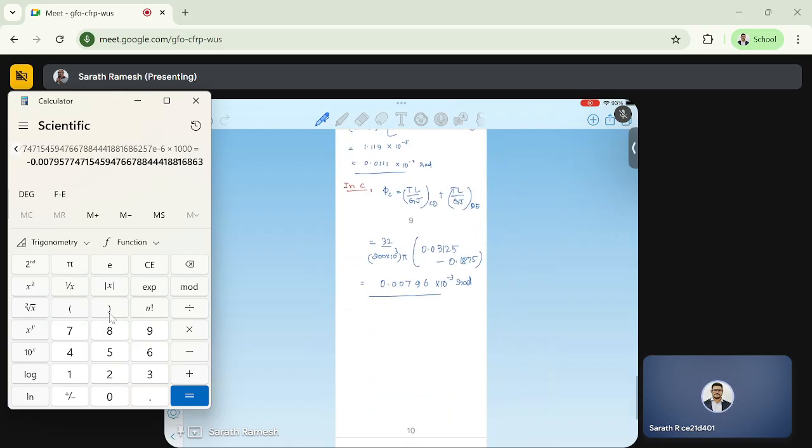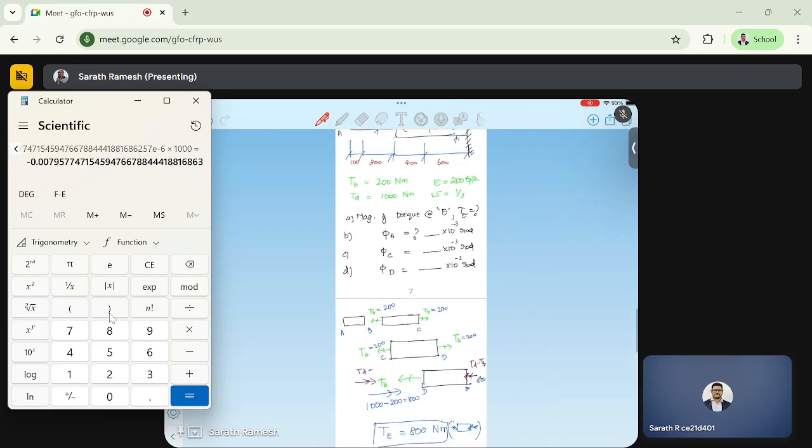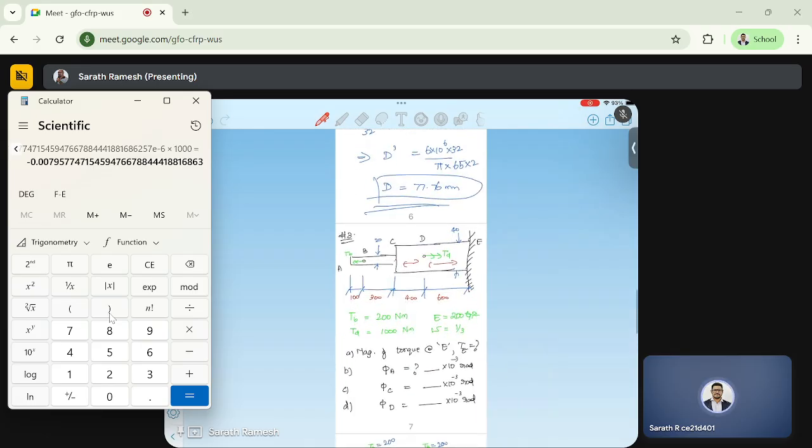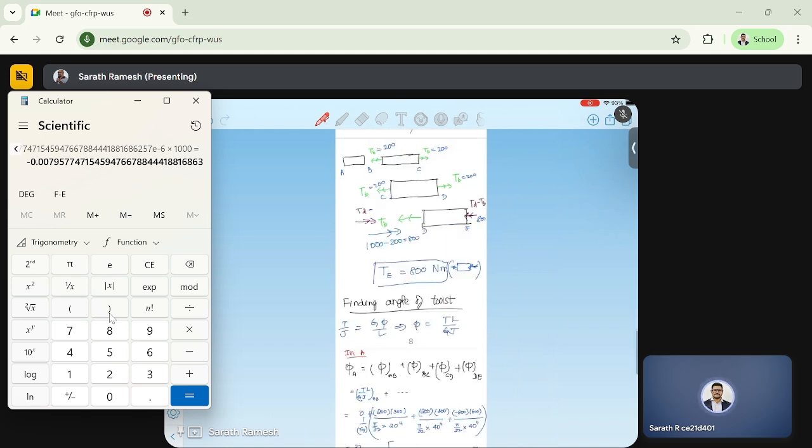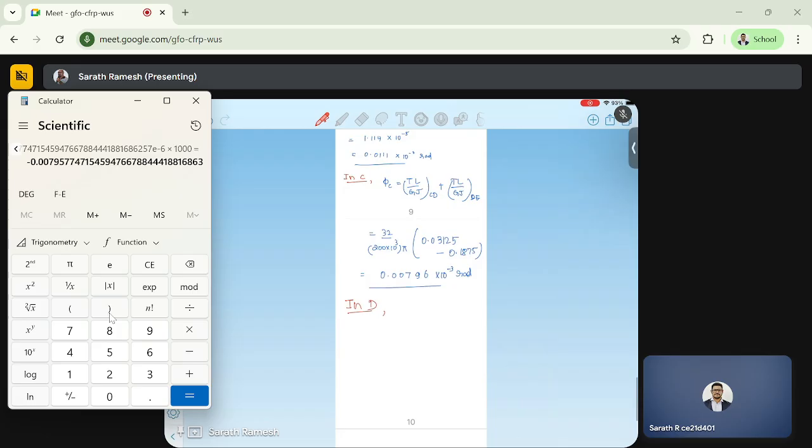Similarly, in D, only the portion DE will be there, right? TL by GJ of DE.